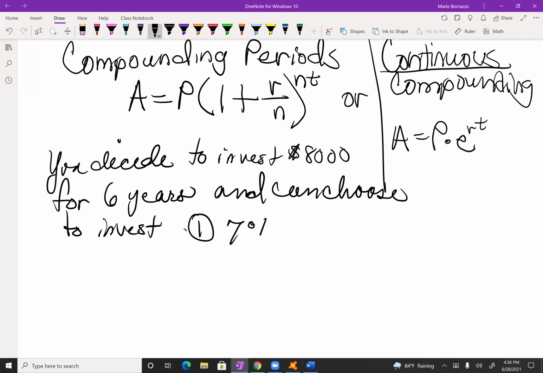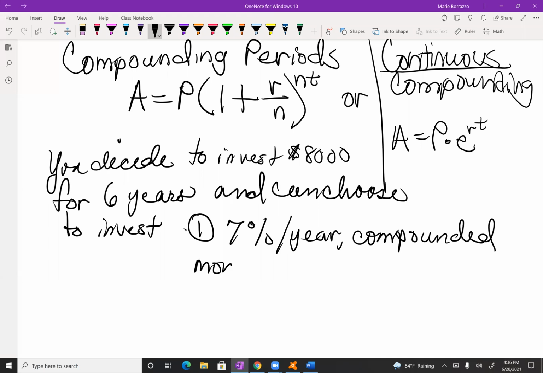This is 7% per year, compounded monthly. The second one is continuously compounding with a rate of 6.85%. Which is the better investment?